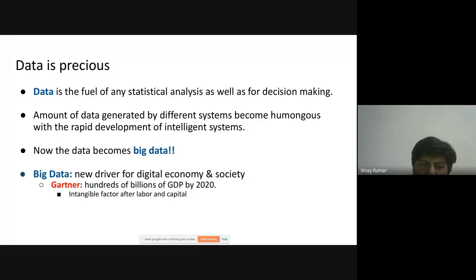It is where the new driver for the digital economy and society will be driven by machine learning. According to Gartner, hundreds of billions of GDP is based on big data in 2021. So it is an intelligent factor after labor and capital.